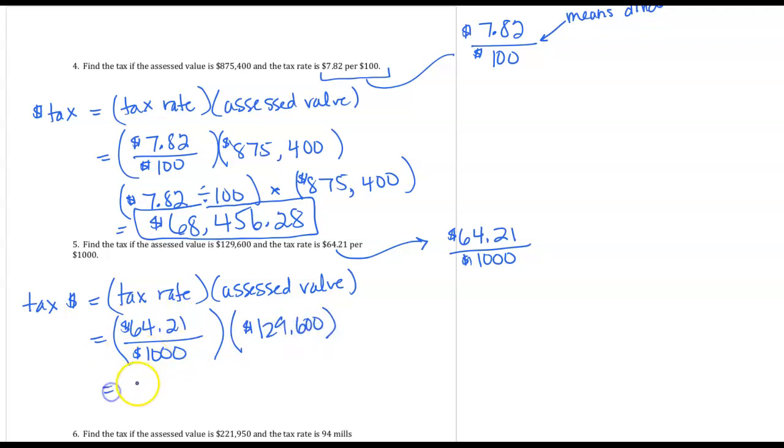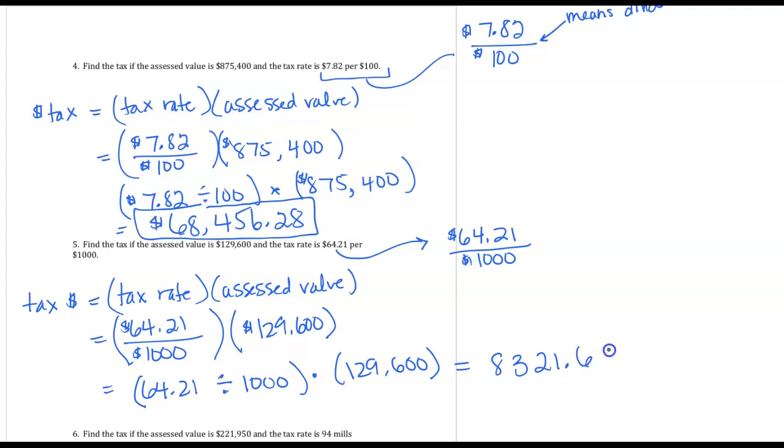Changing that fraction into a division, $64.21 divided by 1,000, and then after we get that amount, we're going to multiply by $129,600. And we get a total tax of $8,321.62.